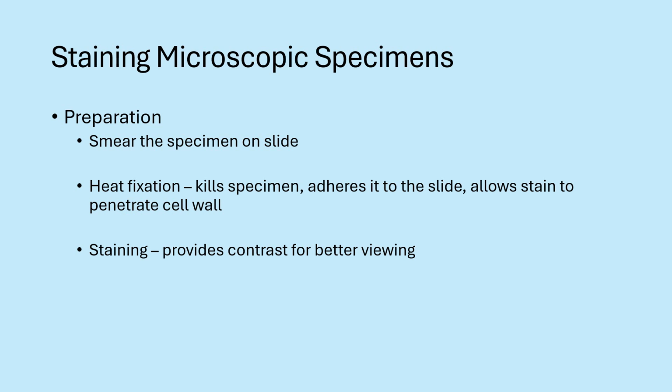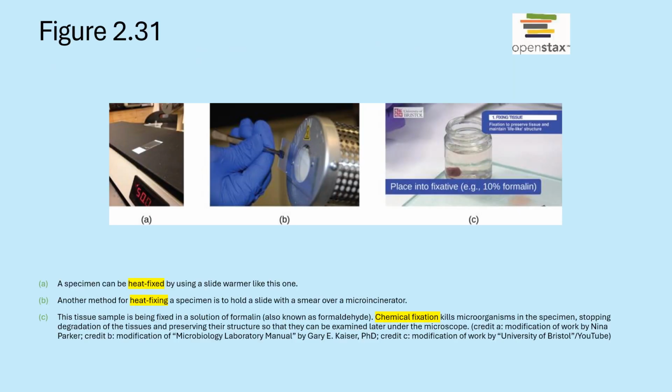Why are you staining it? So you can see it. It's going to provide contrast so you can actually see the cell. So this is showing different ways that you can heat fix. Some places will have a slide warmer that you just put the slide on, and that heat fixes it. Some have what's known as a micro incinerator, and you can hold the slide over that.